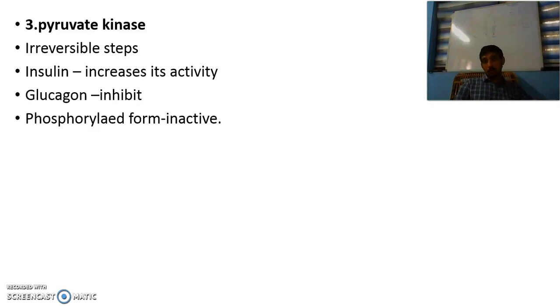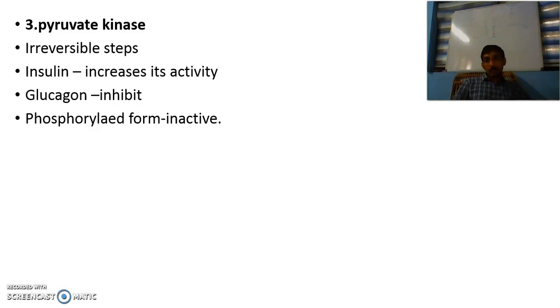Whereas glucagon is a hormone which is produced by the beta cells of pancreas, sorry, the alpha cells of pancreas, and that glucagon is produced when the blood glucose level decreases below the normal level. So during that condition, glycolysis must be slowed down. We need to slow the rate of glycolysis. So during that condition, glucagon inhibits the 10th step of glycolysis, that is pyruvate kinase. Thereby, we can stop the reaction there.